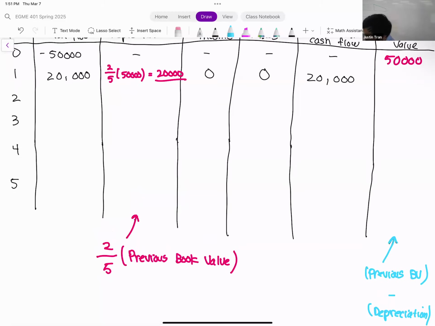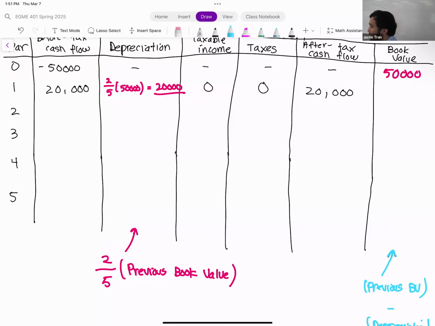Because remember, the depreciation is how much value our asset is losing. And so in that first year, if our depreciation is 20,000, that means our book value is going to be 50,000 minus 20,000, which is 30,000. So under this different depreciation scheme, our truck has lost $20,000 of value.